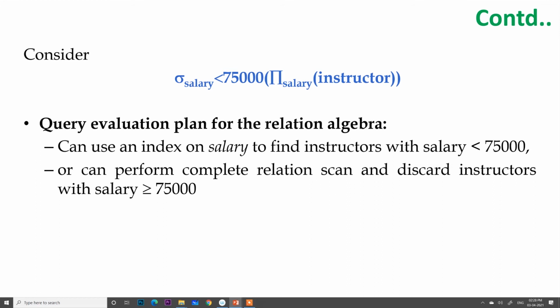So you can execute your relational algebra either by using the first case, that is by having an index on the salary and selecting only those salaries which are less than 75,000, or you can completely traverse your relation, find the salaries which are greater than 75,000 and discard those.